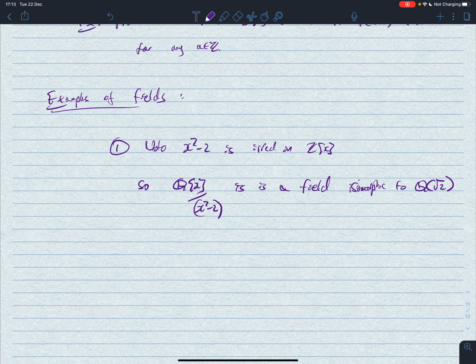Q(√2) looks like a plus b root 2 such that a and b are rational numbers, as sets. This is the first example of a number field. This is the sort of field that we're going to be looking at, and in general we're going to be thinking of them in these terms, written out like this. But it's good to have the underlying mathematical machinery. Sometimes thinking of it as Q[x] modulo some polynomial will be useful for us.